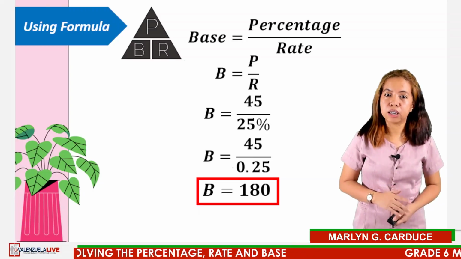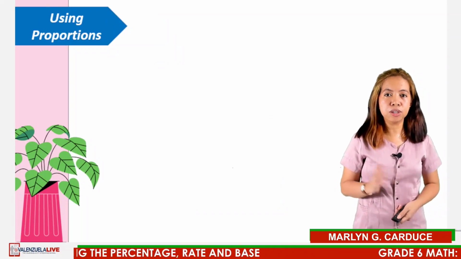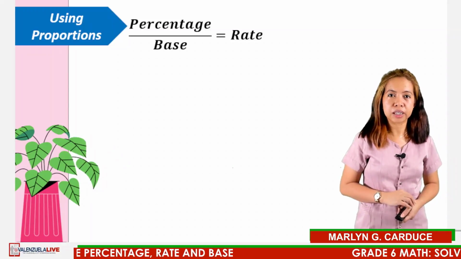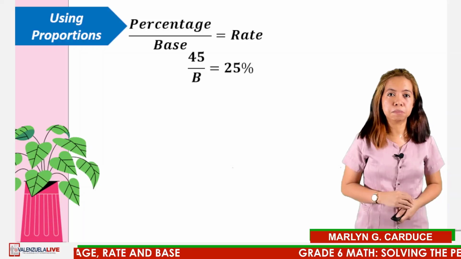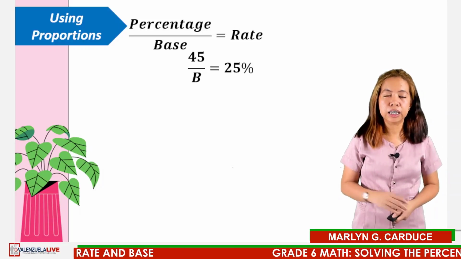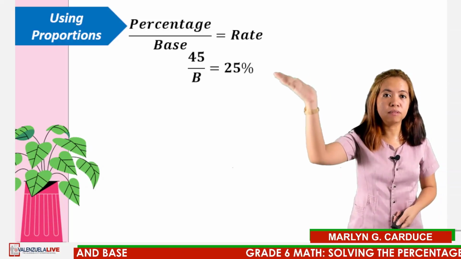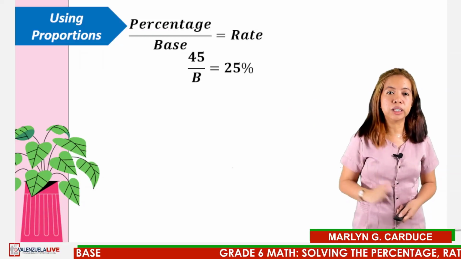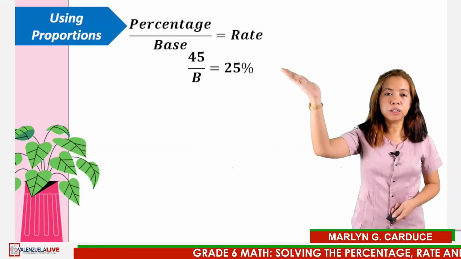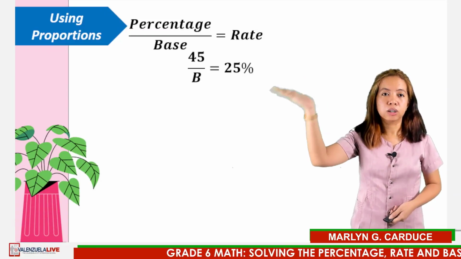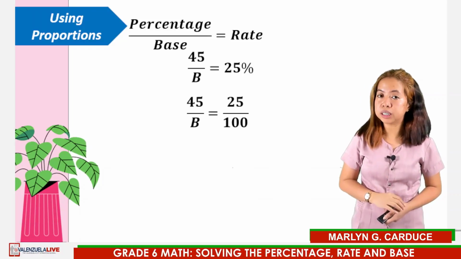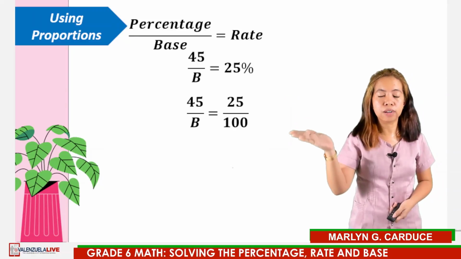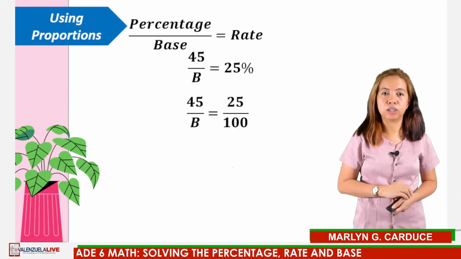And let's see if we get the same answer if we use the proportion. So again, substitute all the values of the percentage and the rate. So we have 45 over base is equal to 25%. So the 25% here will be changed into fraction form whose denominator is 100. So that will be 25 over 100.